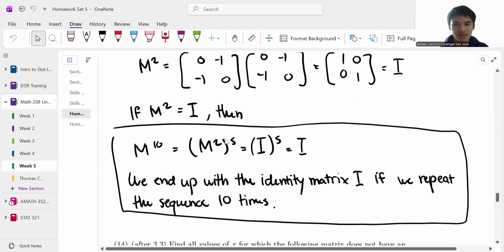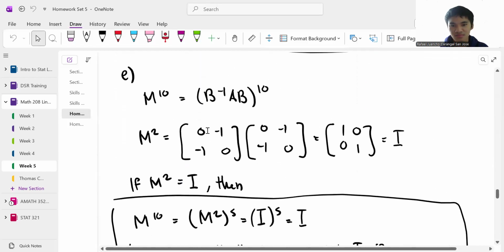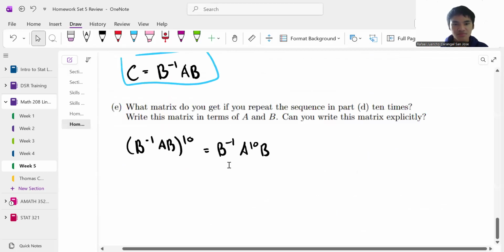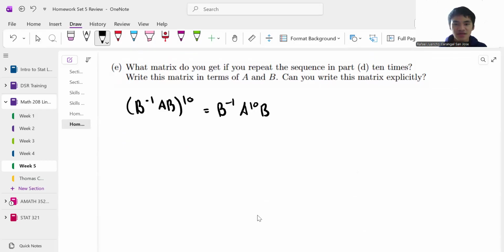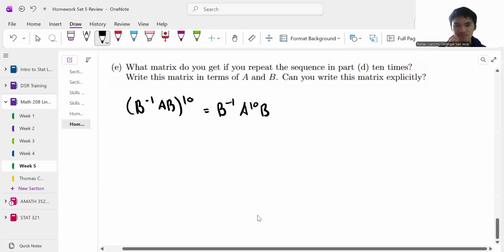You would end up with identity? Seriously? Oh, shoot. Okay. Yeah, that one's a complete mess up. This one, yeah. So we have B to the negative 1, A to the 10, and then B. Hmm. Wait, I'm curious. What happens if we multiply an inverse by an inverse? But it still results in the same thing.